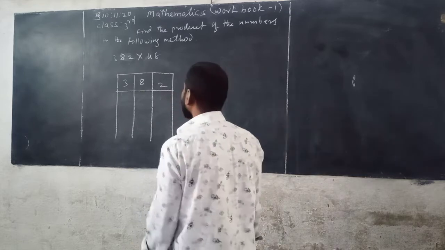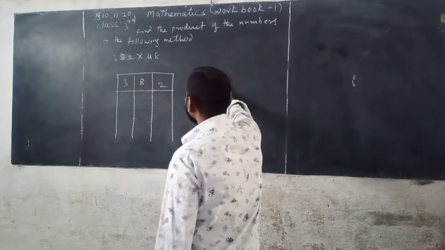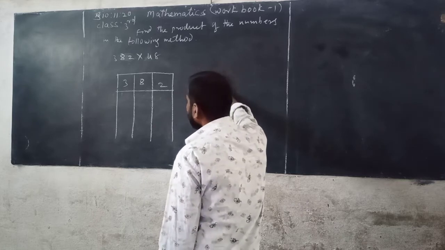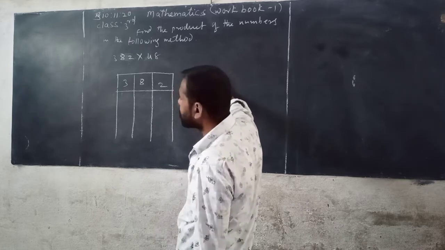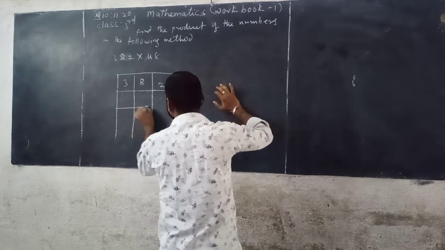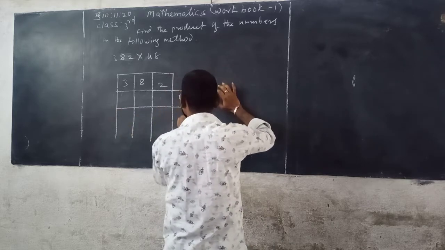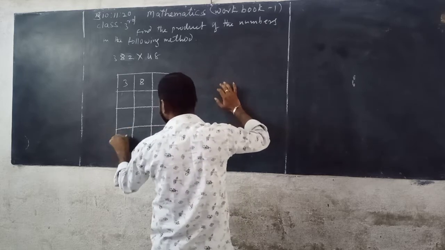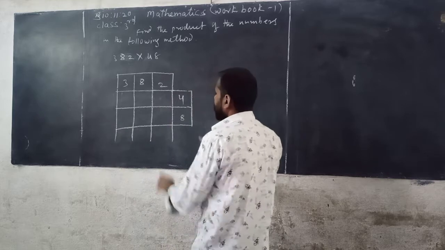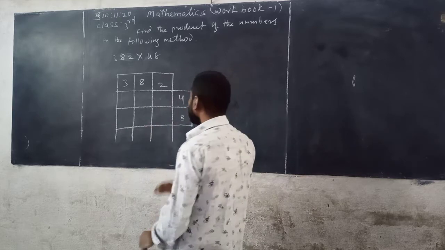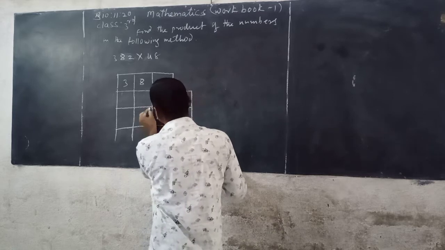So 382 is written at the top of the column, and while 48 is written adjacent to the row, you can write it here 4. Now here 8. Then you can get the table. Here you can draw a diagonal for each cell. This is the diagonal.